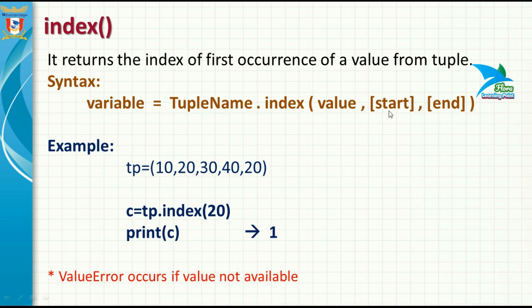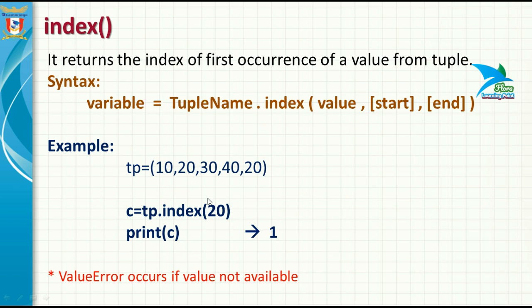First, the value that you want to search from the tuple, and the start and end will decide from where the search will start and where the search will end. So by default, if you will not specify the start and end parameters, then system will go through all the elements to search that particular value.